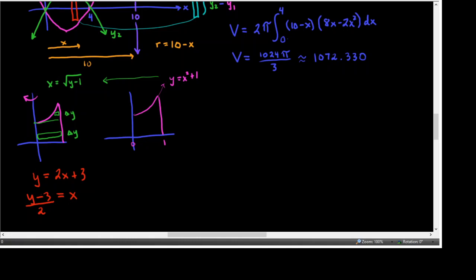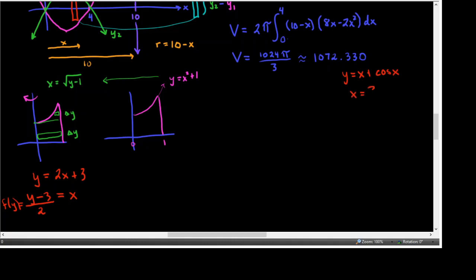If it's delta y that you really want to use in the problem, you'll want x as a function of y, and that won't be hard to find if it's a line, something simple. But if it's anything complicated, you're not necessarily going to even be able to solve for that variable. Like if I had y equals x plus cosine x, can you solve that for x as a function of y?